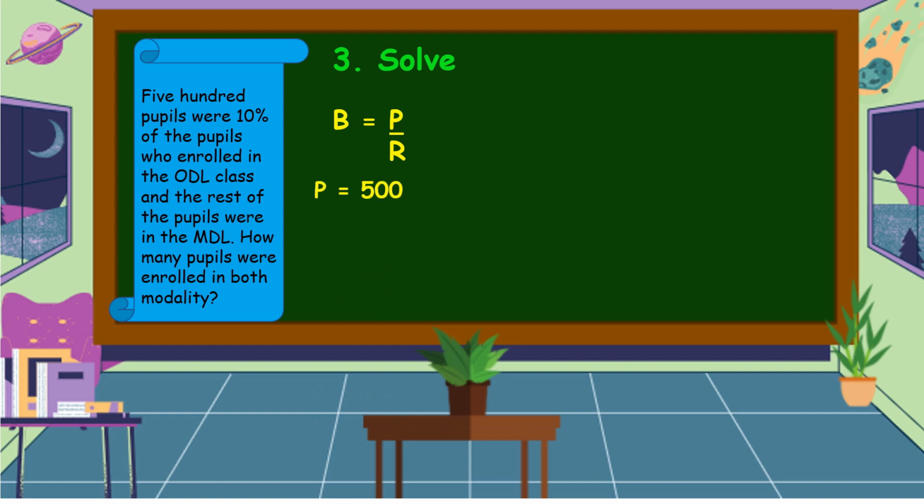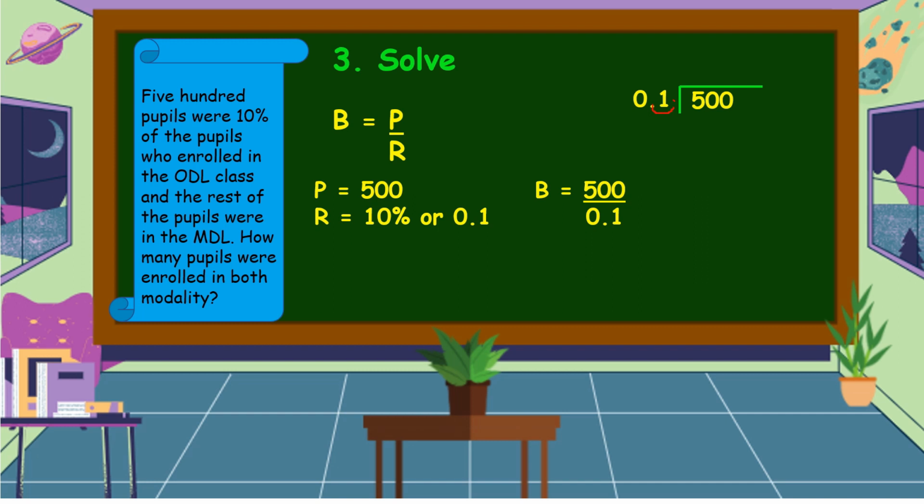Our percentage is equal to 500 and the rate is equal to 10% or 0.1. So, let's divide 500 divided by 0.1. So, ang napapansin natin dito sa ating divisor is meron siyang decimal point. Ang gagawin natin dito ay gagawin nating whole number, i-move lang natin decimal point sa pinakakanan.